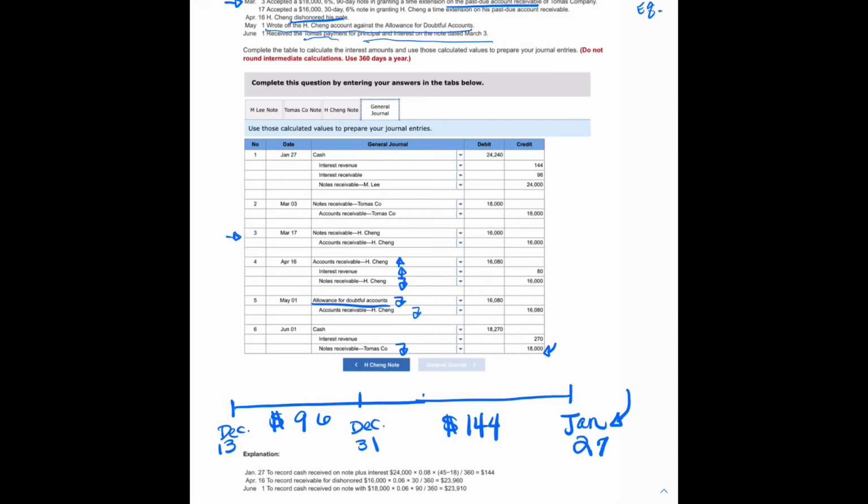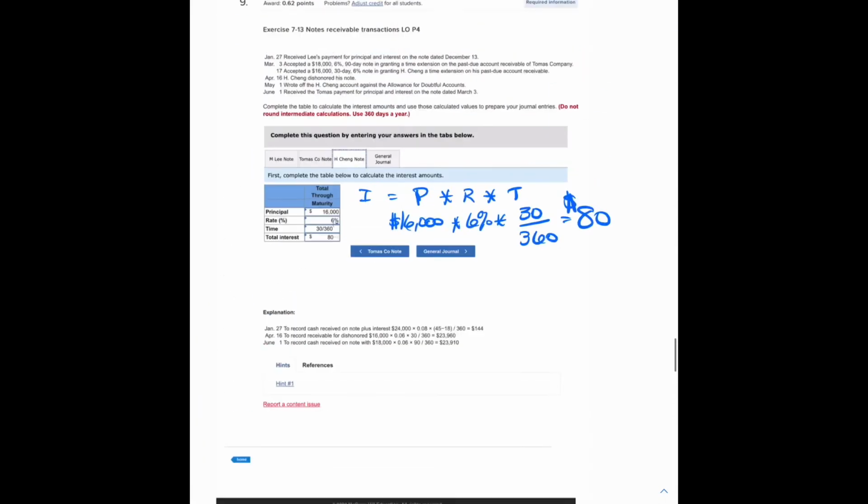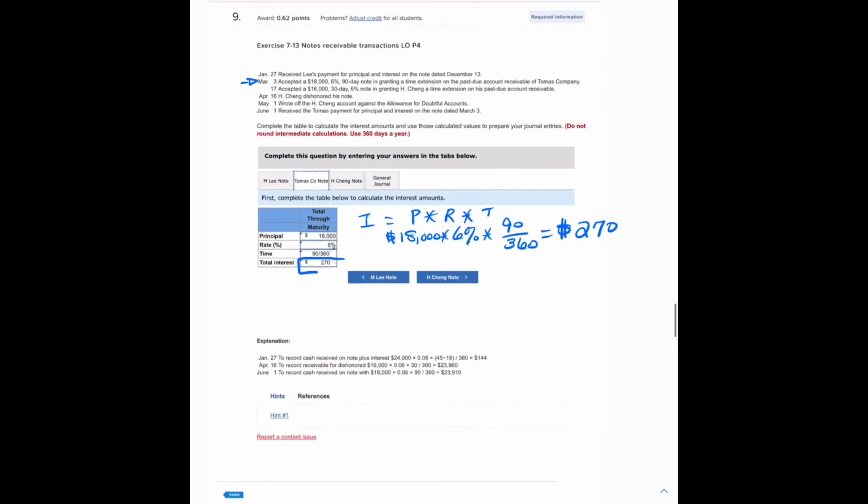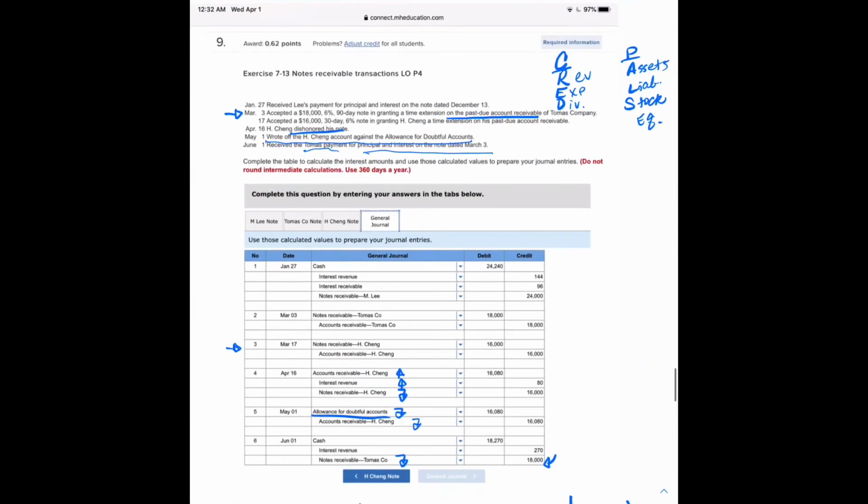The next thing I would do is look at how much interest should have accrued on that note, and in this case it was the $270 that we calculated earlier. And if you want to see that, just scroll back up and you see the $270 related to the Tomas company note. So we now know where this $270 came from.